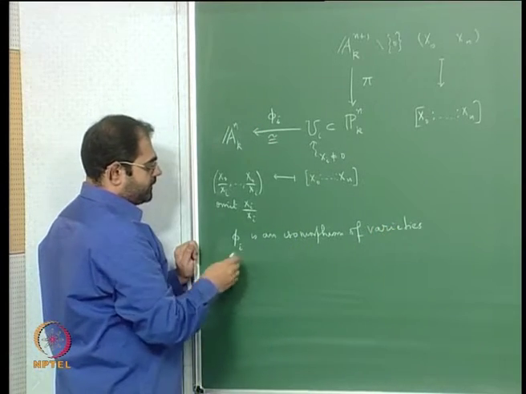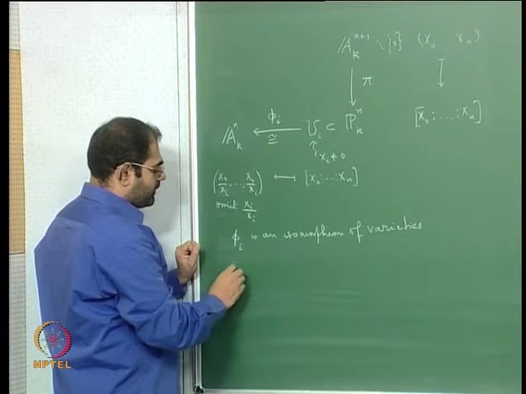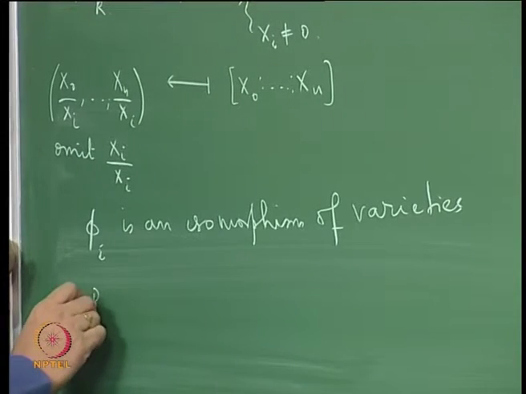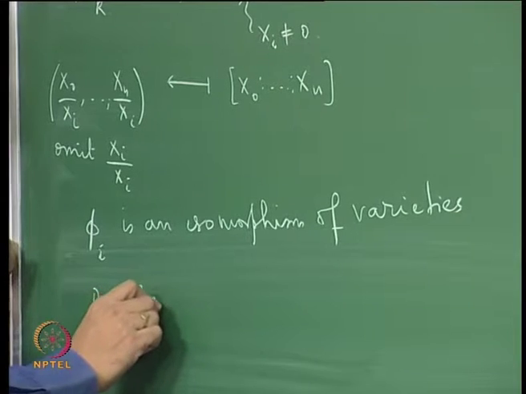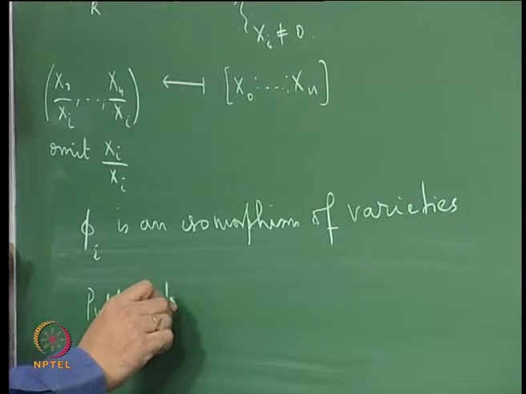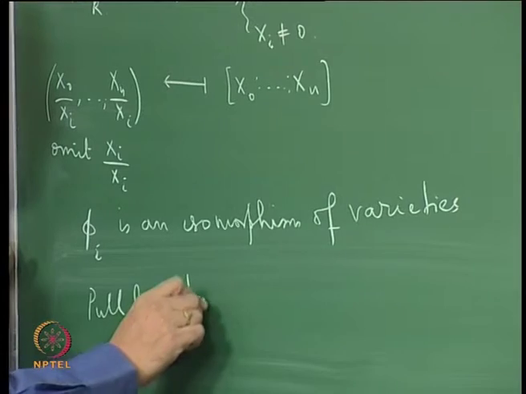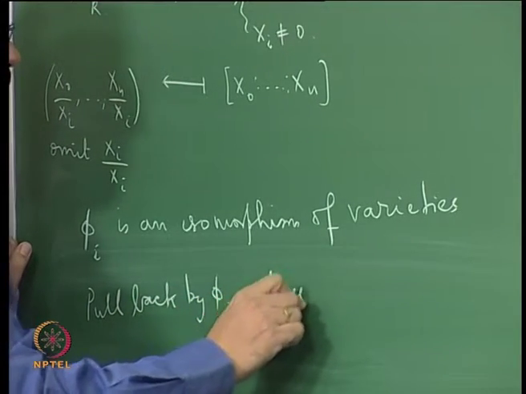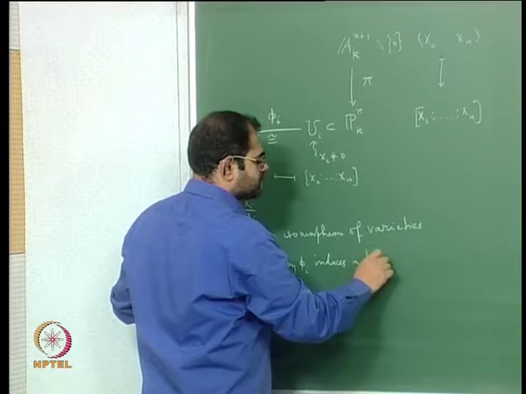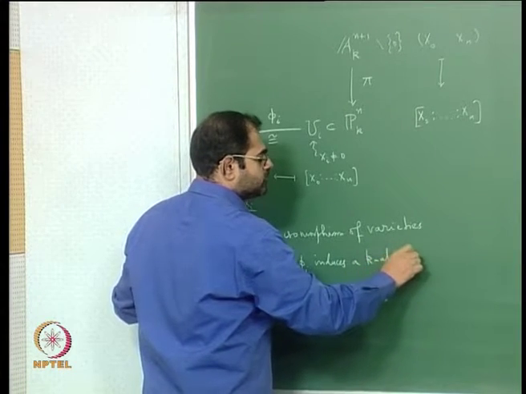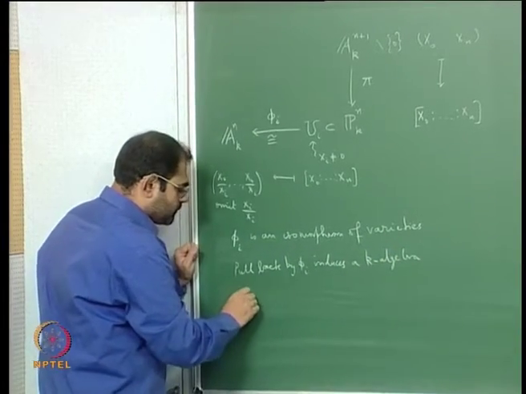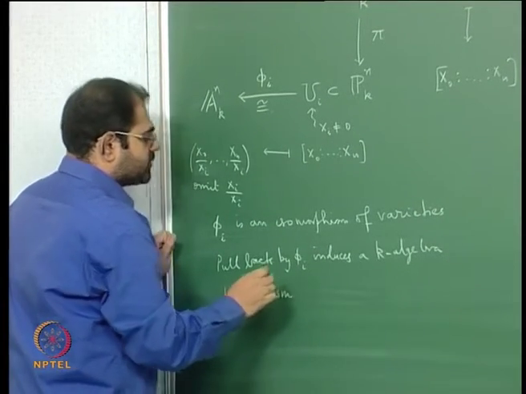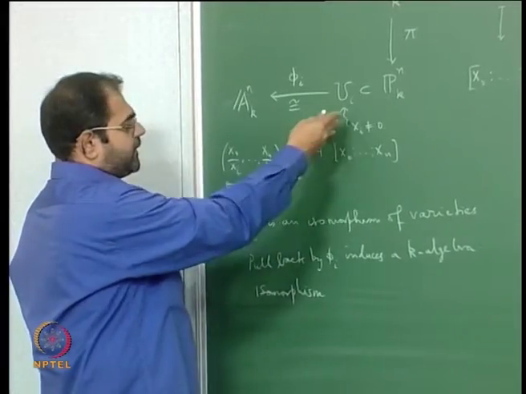And what it will induce is that pullback by phi induces a K algebra isomorphism, pulling back regular functions.